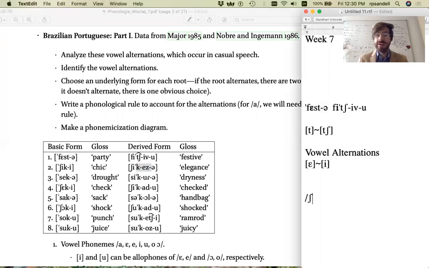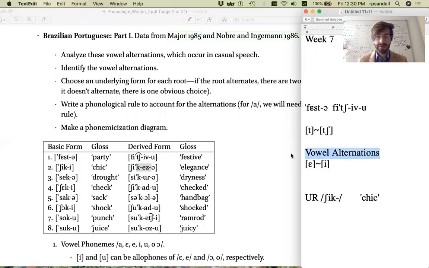And whenever you see a morpheme that doesn't alternate at all, when it consistently has the same form everywhere, the most reasonable thing is to say that the underlying representation for that morpheme is exactly as it appears on the surface, and there simply are not any phonological processes in the language, at least that we've seen so far, that cause this morpheme to be realized differently on the surface.